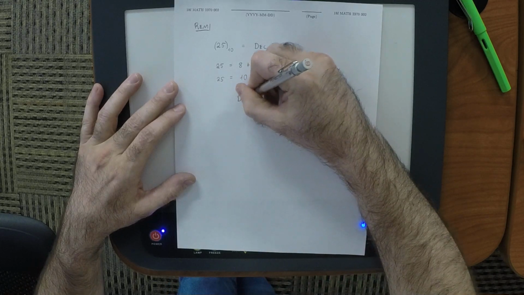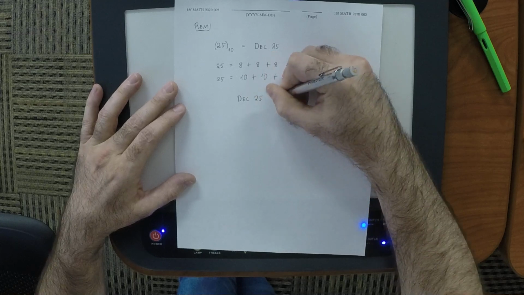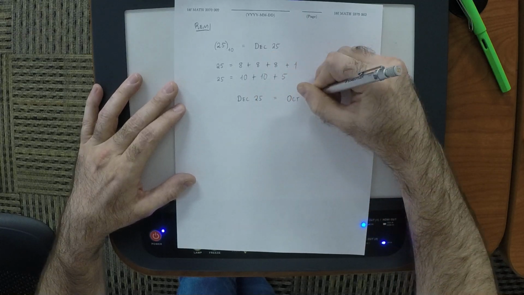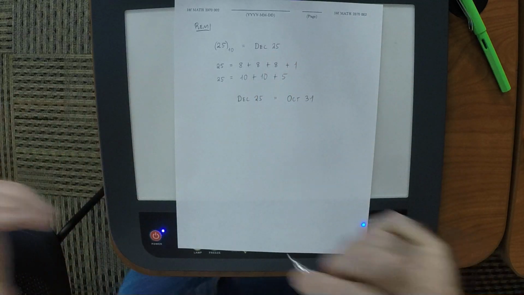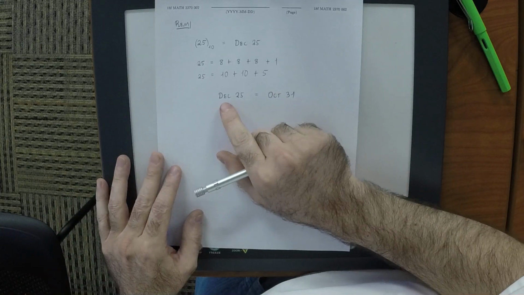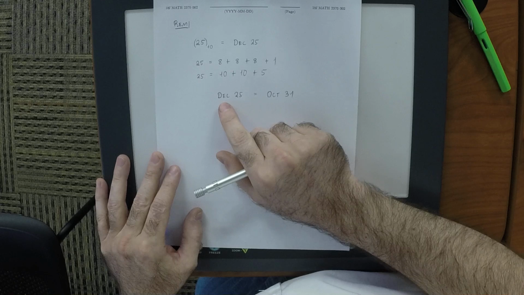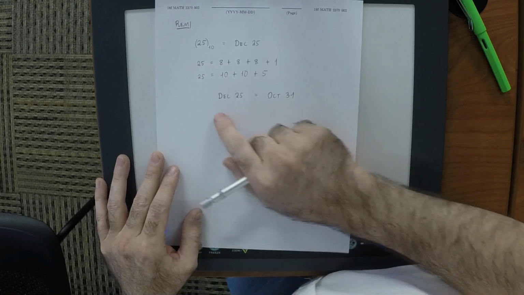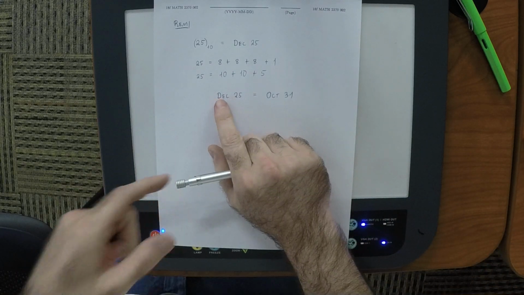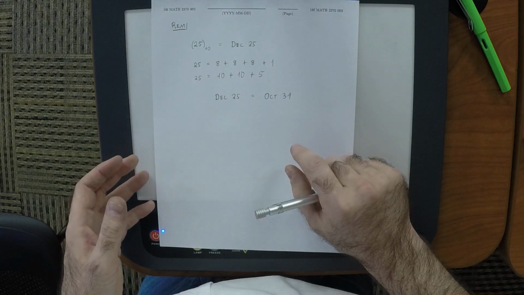So what I'm telling you is that this is the reason why mathematicians have a difficult time telling the difference between Christmas and Halloween. Because dec 25 is oct 31.